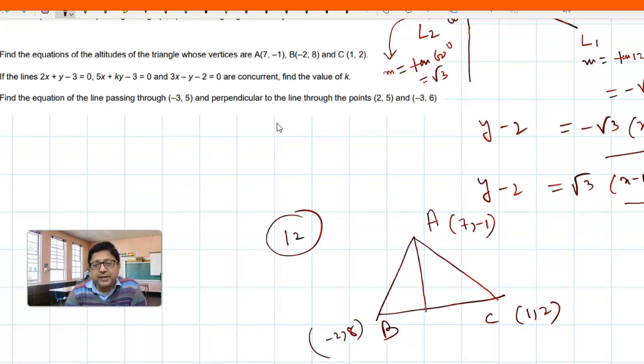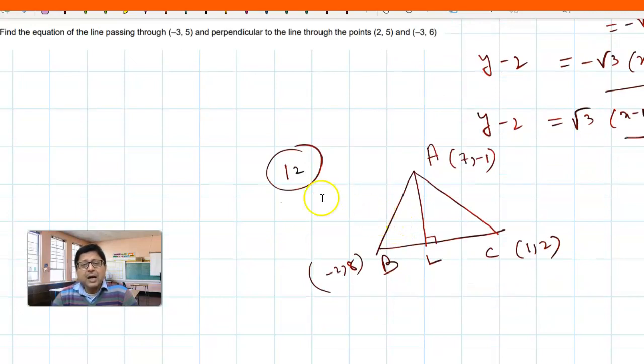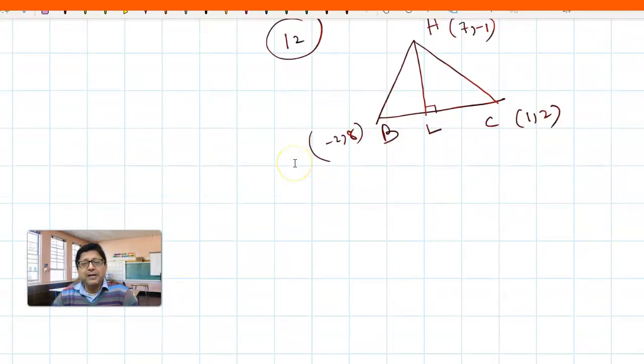Draw a perpendicular here. AL is the perpendicular. How to get the equation of AL? It's very easy to find. You all can see that AL is perpendicular to BC and the slope of BC we can find easily. What is the slope of BC?